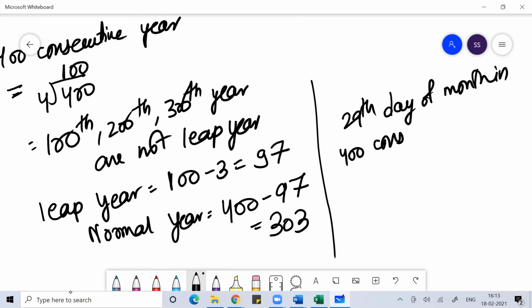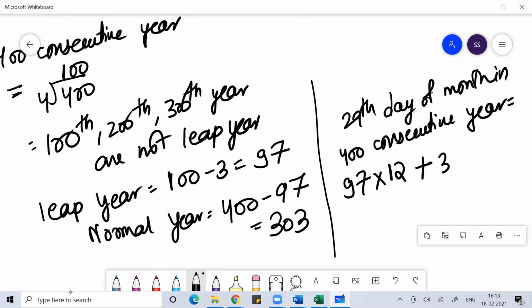Now, the 29th day of the month in 400 consecutive years will be how much? In 97 leap years, all 12 months have a 29th day. In 303 normal years, 11 months have a 29th day; February does not have a 29th day.